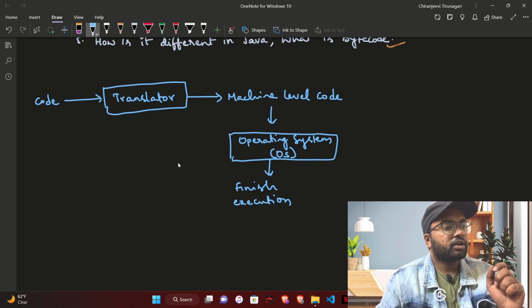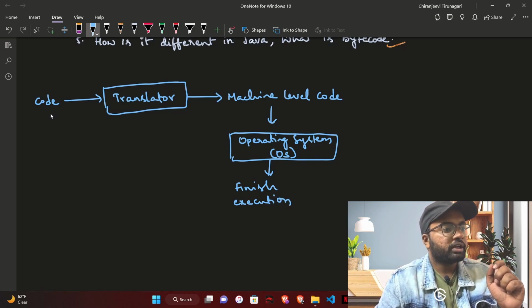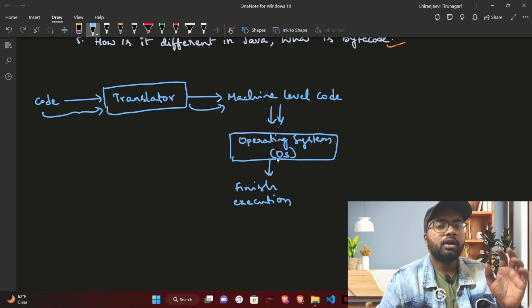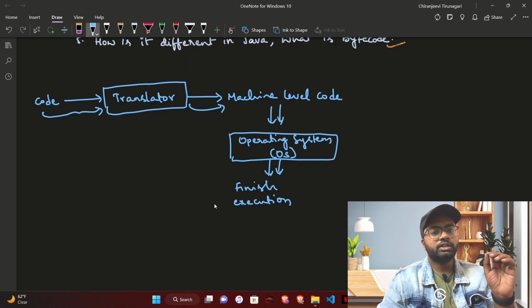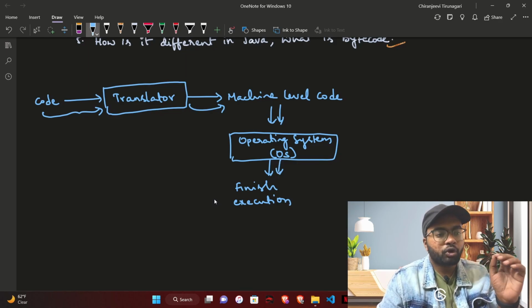So basically this is what happens when you write some code and pass it to some translator, and that translator's job is to convert code into machine level code so that it is understandable to the operating system, and the operating system's job is to execute those machine level code instructions to finish the complete execution. So this is what happens in programming in a nutshell.